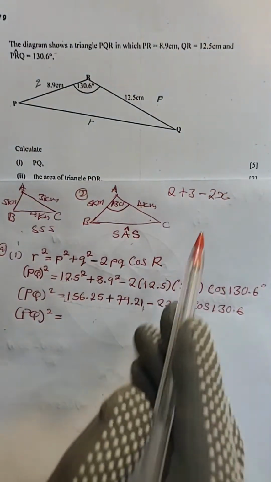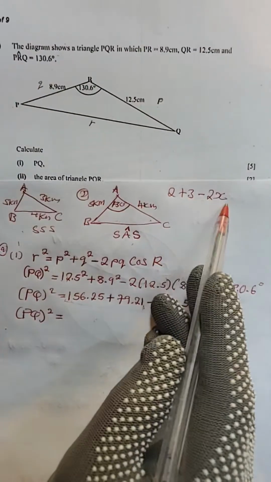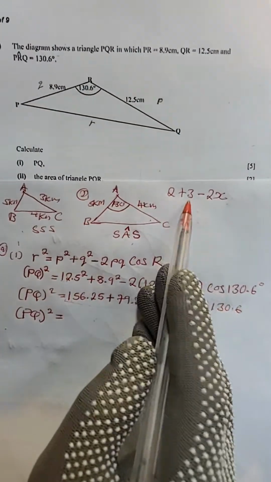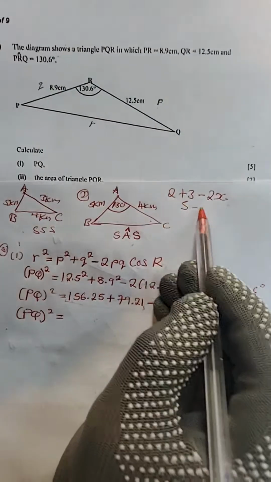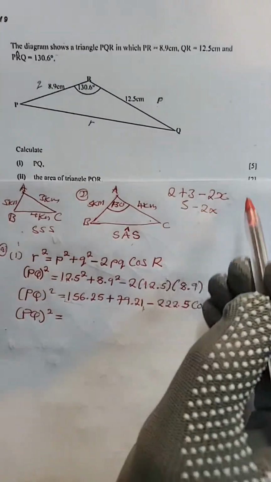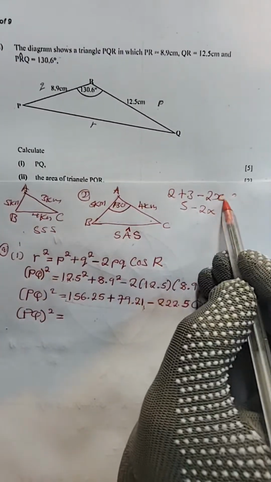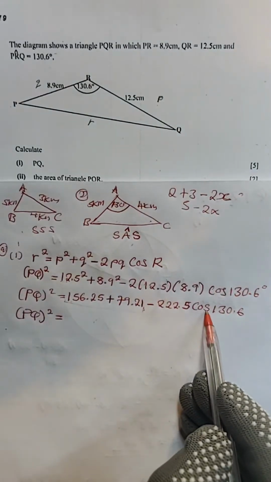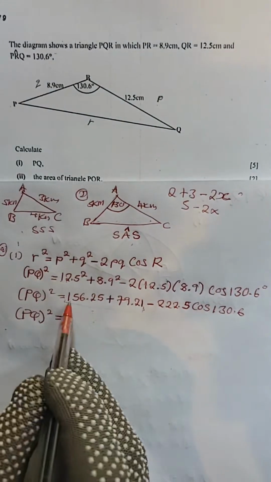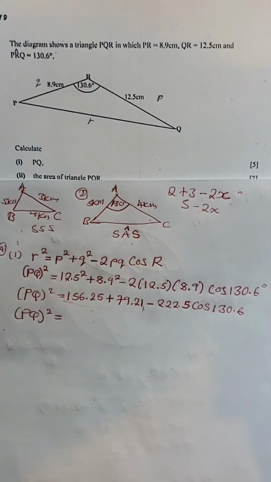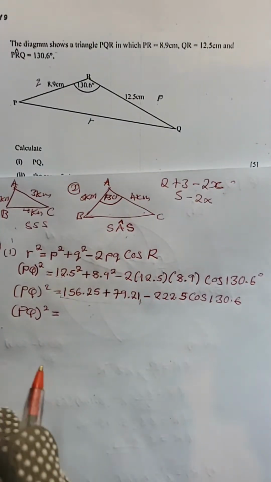These are unlike terms. The first two are like terms, so it will be 5 minus 2x, where x is the same as the cos here. So let's add the first two. It's 5 marks. Every step is very important.